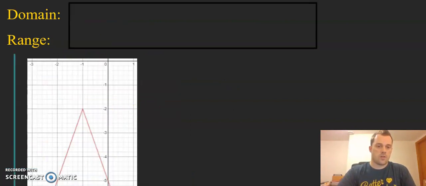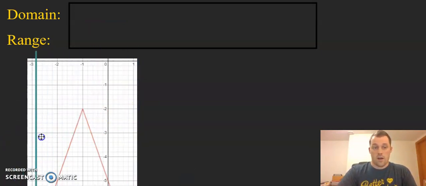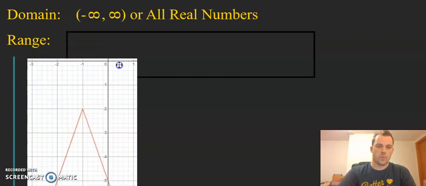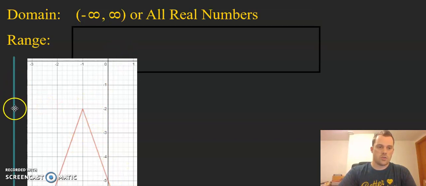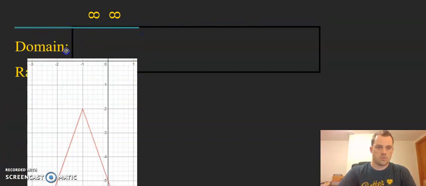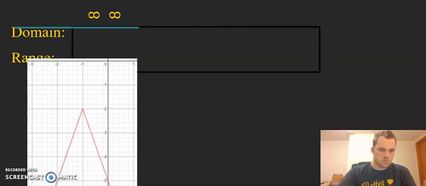Next example, another absolute value function. Again, our x values go forever in both directions. The graph doesn't stop. So we have all real numbers. And our range, well, now we have a maximum at -2.